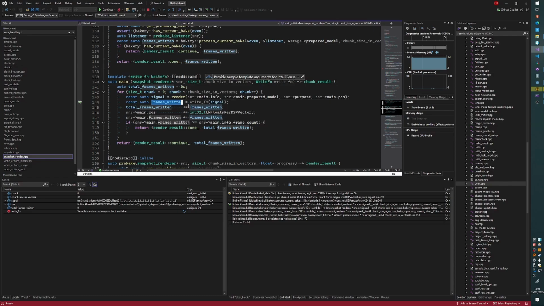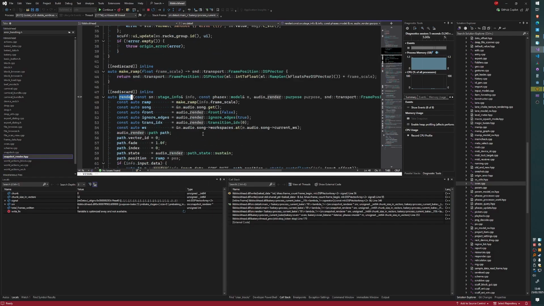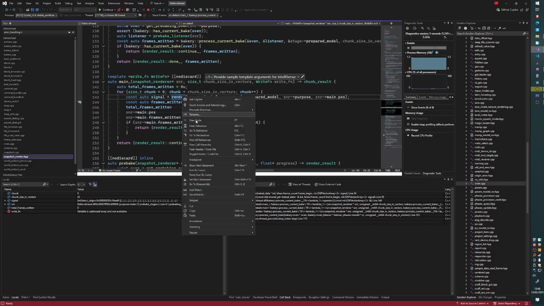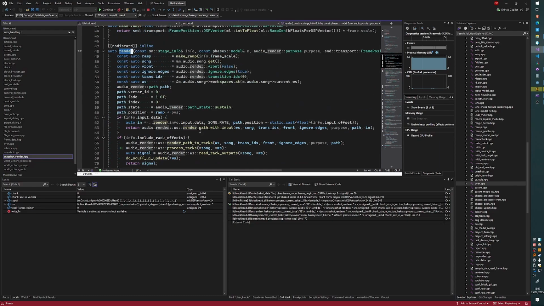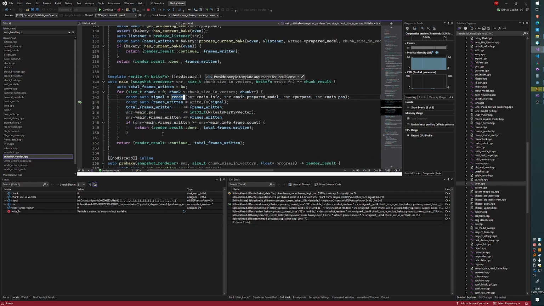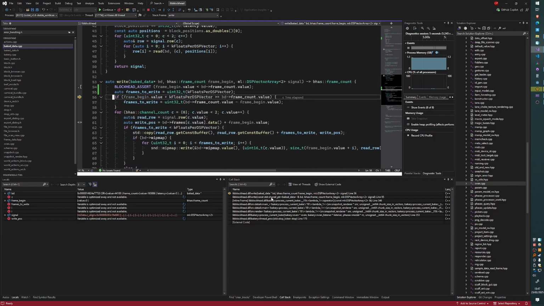I think I understand. So there's two issues. First of all, this function should be resilient to this situation.